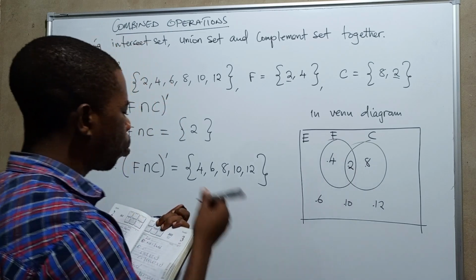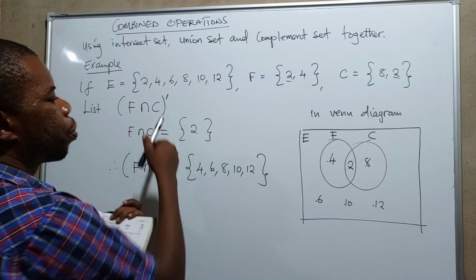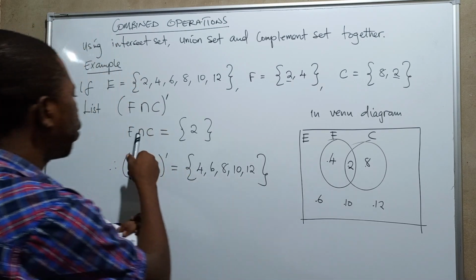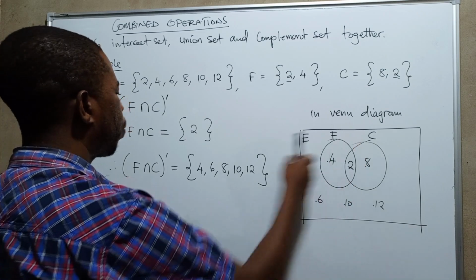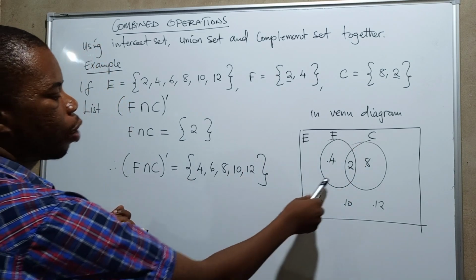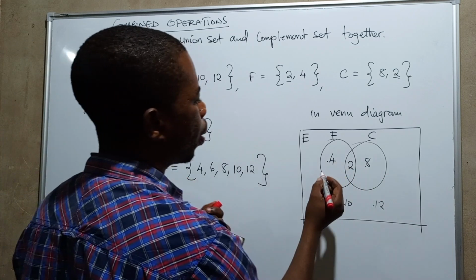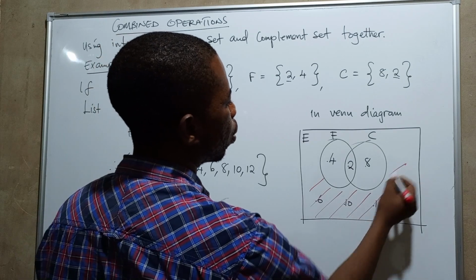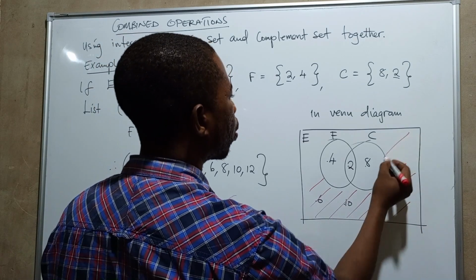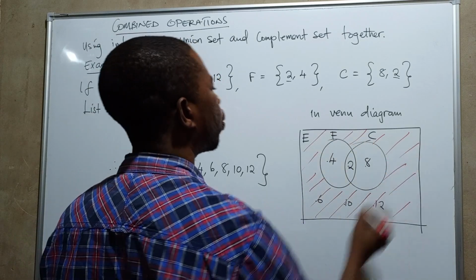So if we were now to show where they say we show this, we know the intersection is this part. Now, this information can also be shown by just shading this like this. We just shade this part like that.